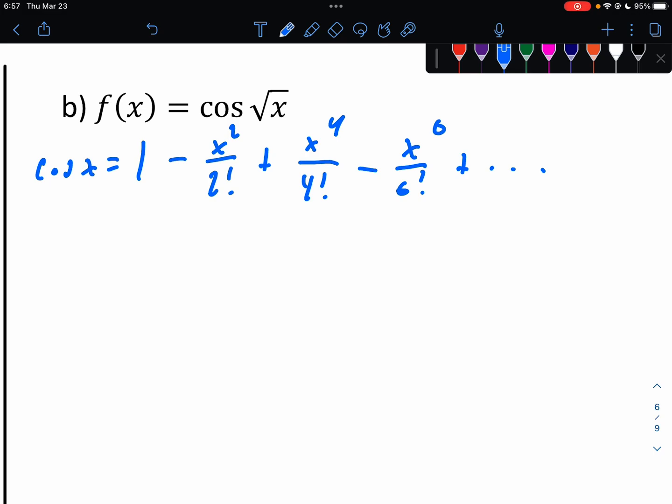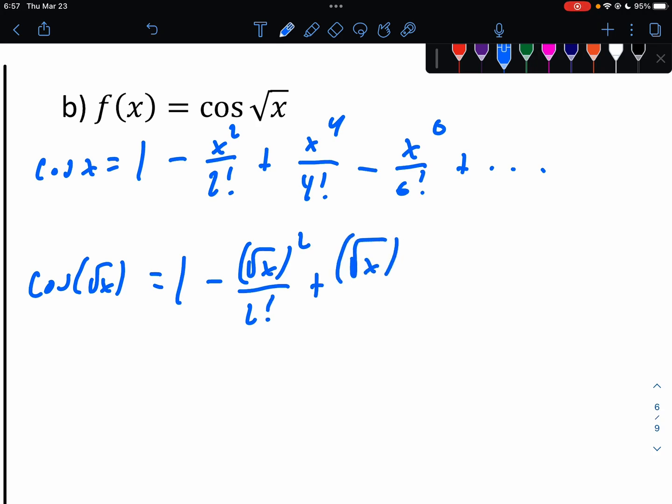Now if I want to find cosine of root x, I'm just going to put root x in everywhere I see an x. So 1 minus root x squared over 2 factorial plus root x to the 4th over 4 factorial minus root x to the 6th over 6 factorial.